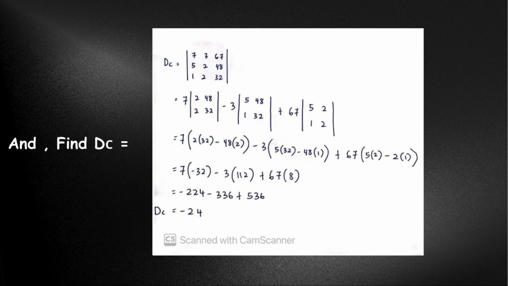Plus 67 times all in the bracket, which is 5 times 2 minus 2 times 1. Equal 7 times negative 32 minus 3 times 112 plus 67 times 8, equal negative 224 minus 336 plus 536, and the final answer for dC is negative 24.